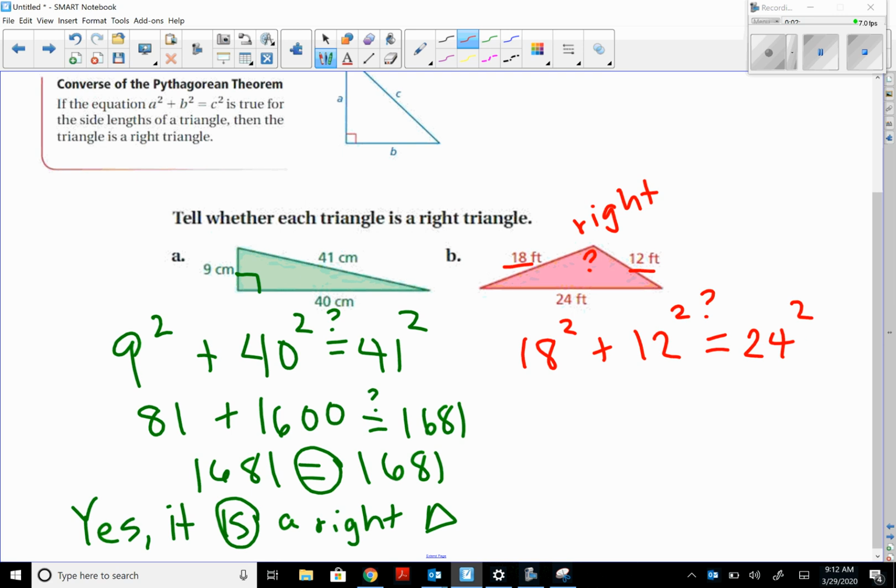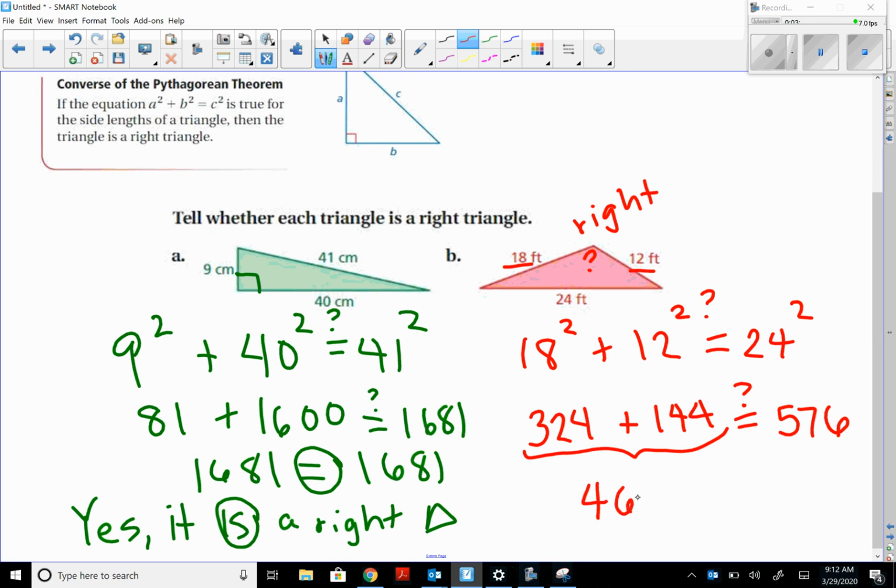All right, 18 squared is 324. 12 squared is 144. 24 squared is 576. So now I'm going to add these two together, 324 and 144, and I got 468, which is not equal to 576.